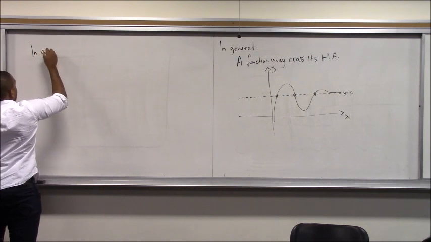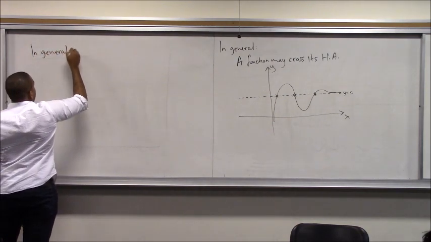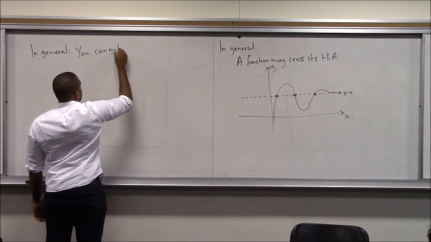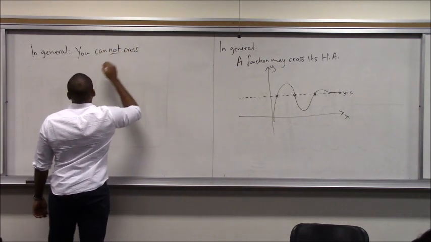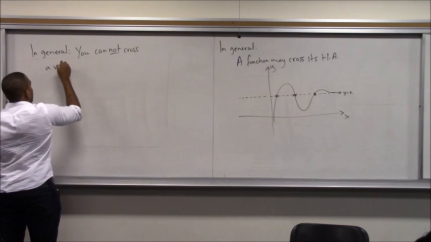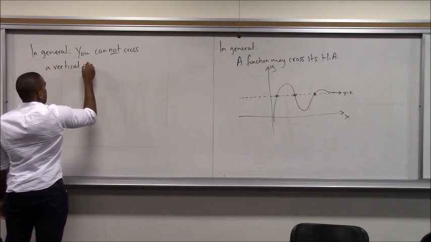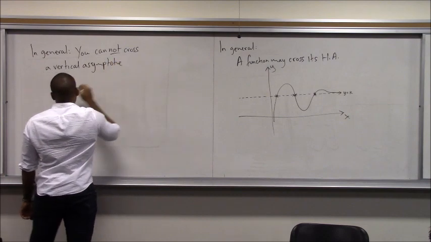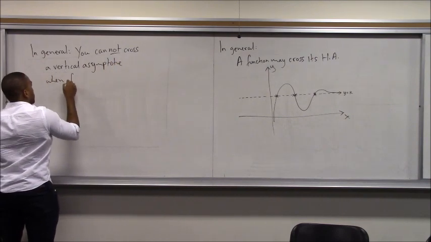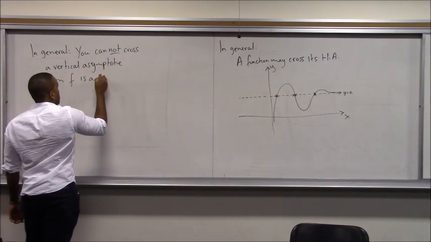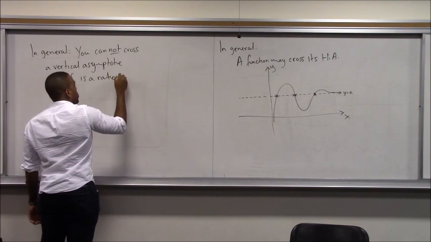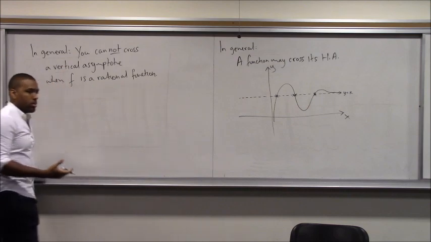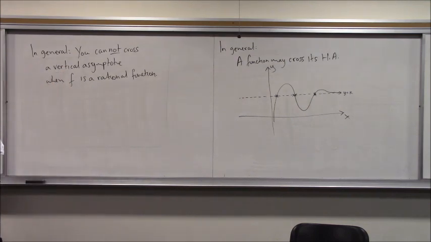In general, you cannot cross a vertical asymptote when f is a rational function. Because as I said, those guys occur when the denominator is 0. It won't happen.